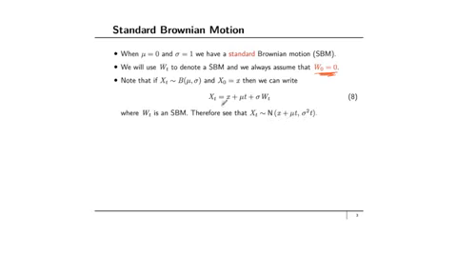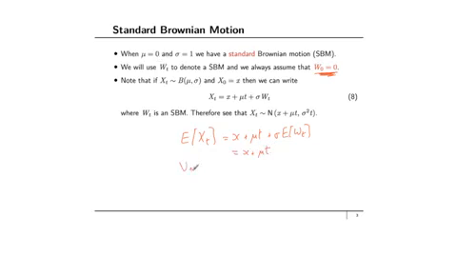Because of course, if Xt equals this, then the expected value of Xt is equal to the constants x plus mu t plus sigma times the expected value of Wt. Wt is a standard Brownian motion, so it has mean 0 times t. So this is equal to x plus mu t.